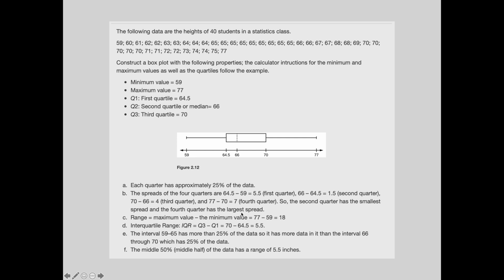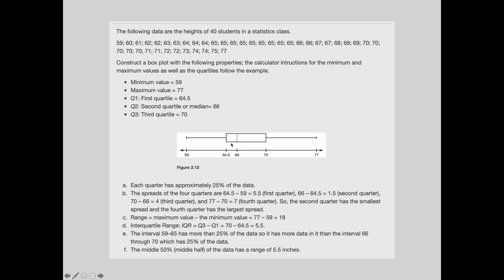The interval from 59 to 65, from here to here, has more than 25% of the data, so it has more data than the interval 66 through 70, which has 25% of the data.